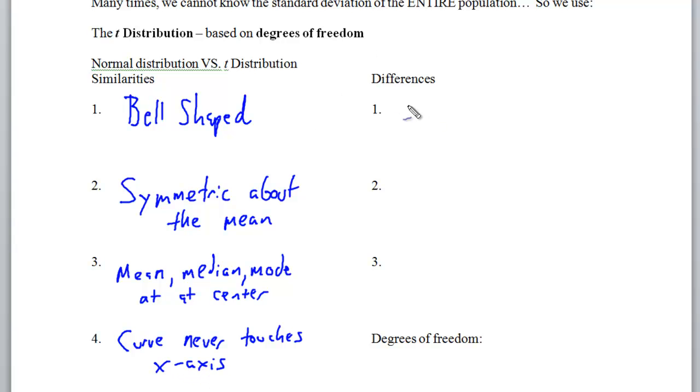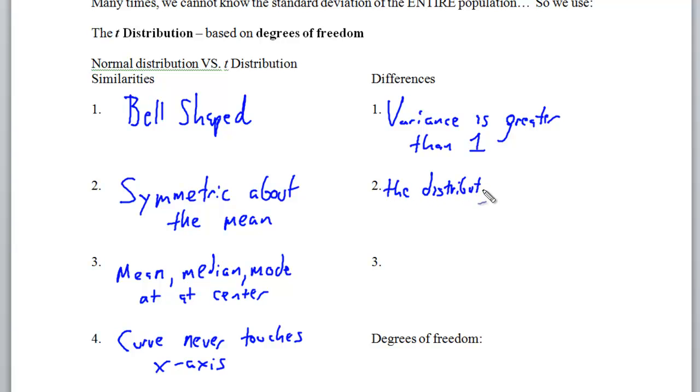But there are three differences. First of all, the variance is greater than 1. Second, the distribution is based on the degrees of freedom.